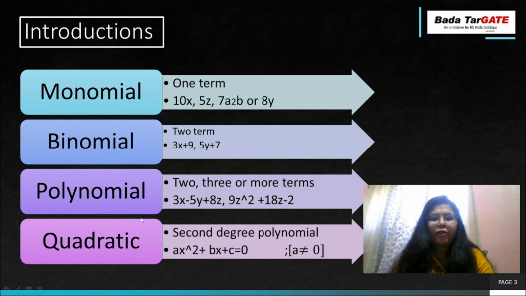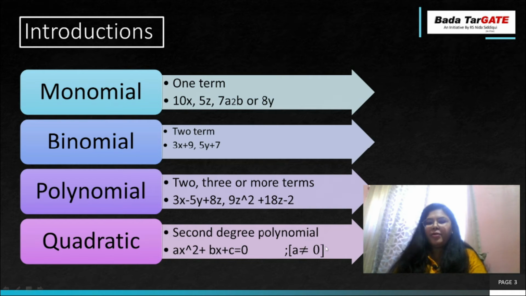Now comes the quadratic one. It is a special type of polynomial equation, which is the second degree polynomial. The standard form of this equation is ax square plus bx plus c, where a can't be 0. It is a very important point which I'm highlighting here. For a quadratic equation, a can't be 0. If I make a 0, that means the x square term will be eliminated.